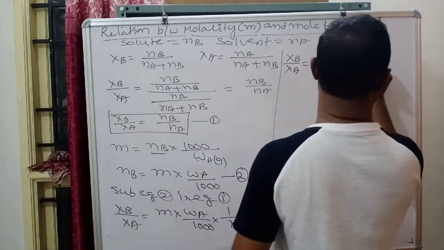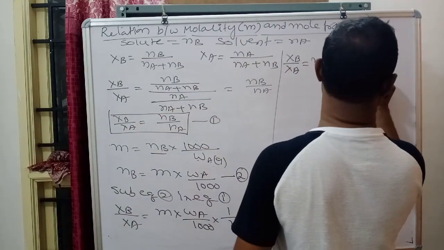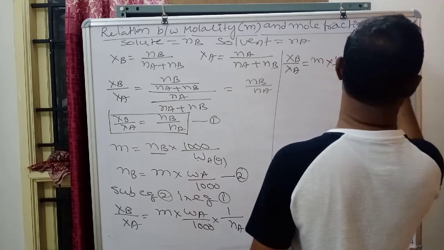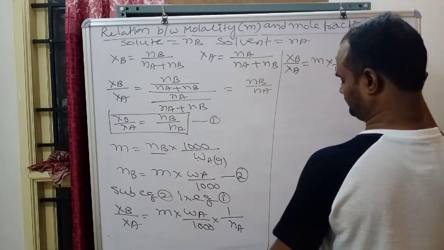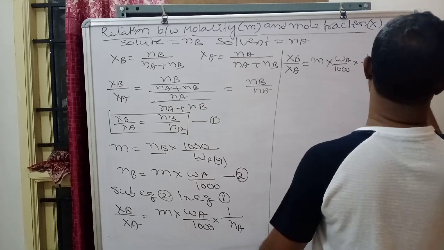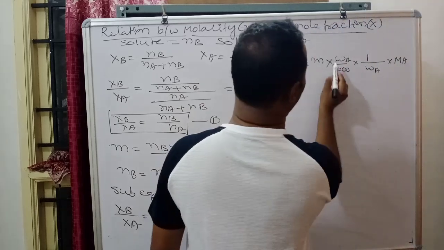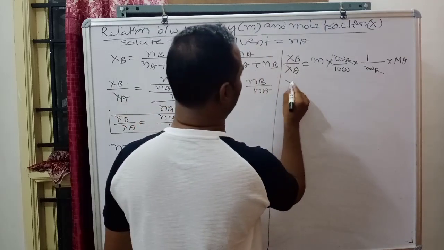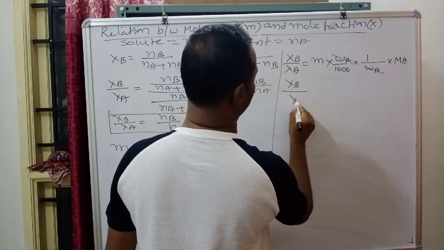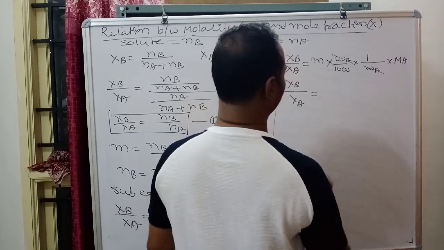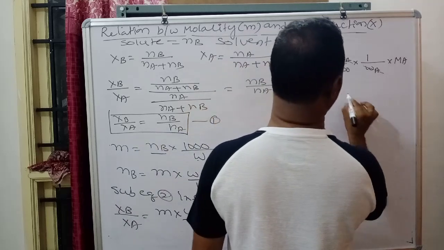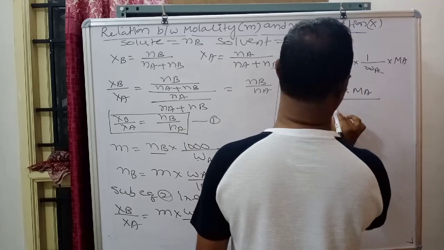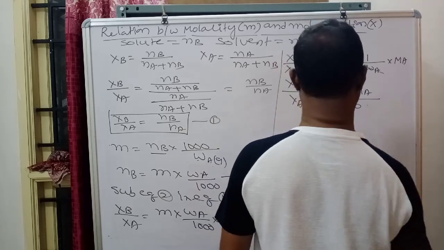What we can write here: 1 by WA by the molar mass of solvent. So the mass of solvent cancels. What is remaining? XB by XA is equal to molality into molar mass of solvent by 1000.